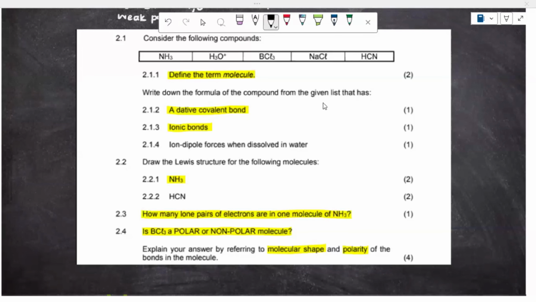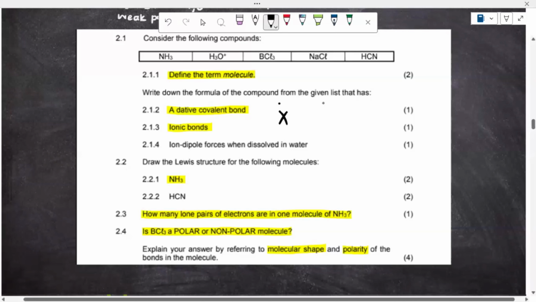Let me just quickly think of an example. I can't think of a specific example, but let's say we have compound X, right?